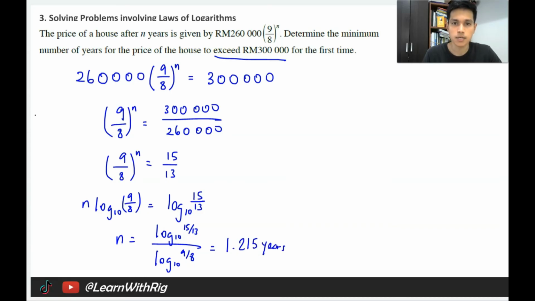Since the question is asking what year the house will exceed $300,000, you can say that it requires approximately 2 years to exceed RM 300,000.